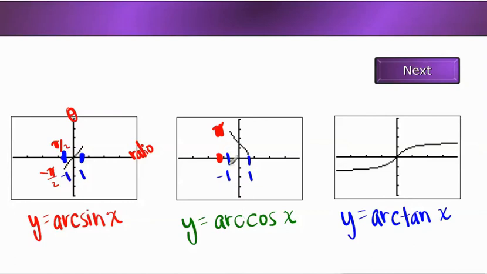That puts us with arc cosine, and then arctangent, although its outputs go from negative pi over 2 to pi over 2, its inputs are endless. So it goes from -infinity to +infinity.